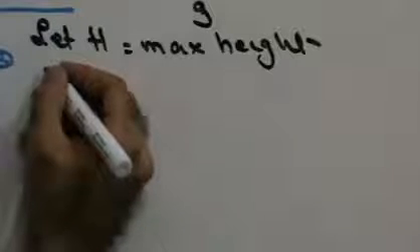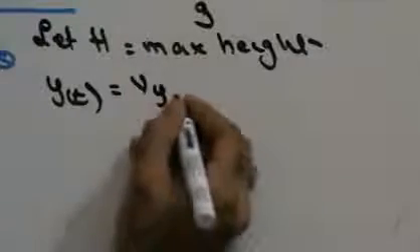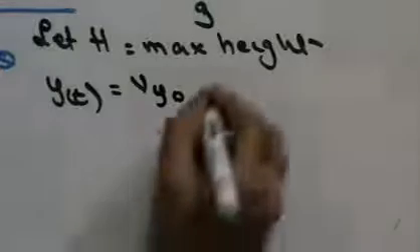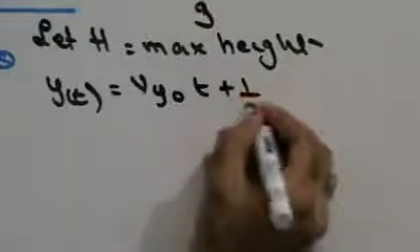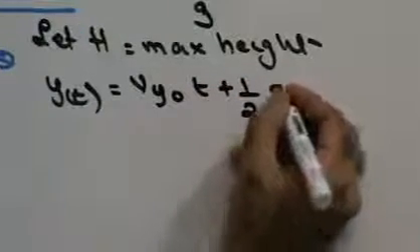I can again use the kinematical equation. h, that means the distance covered along the y-axis, is equal to ut plus half at square. So initial velocity along the y-axis into t plus half acceleration along the y-axis into t square.